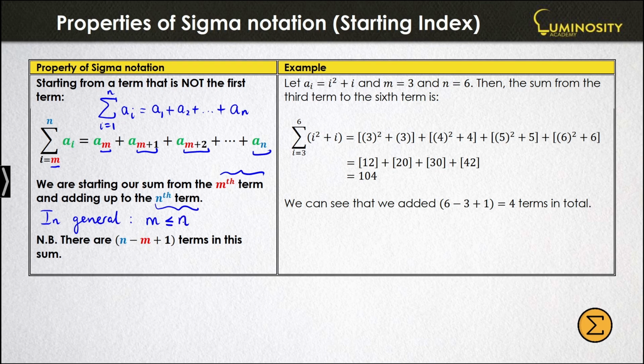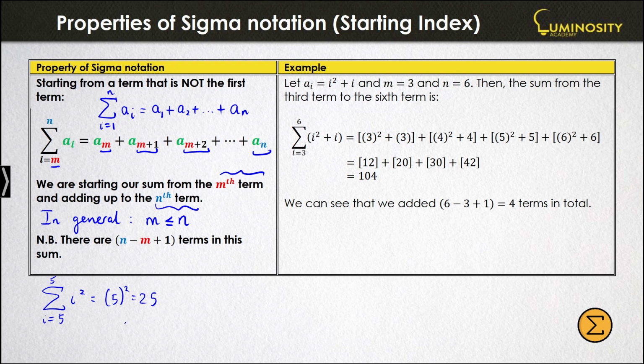What does less than or equal to n mean in this case? Well, if you had the sum from i equals 5 to 5 of, let's say, i squared, you're starting at 5 and ending at 5. It just means you're only adding up one term, 5 squared, which is 25. That's what starting and ending at the same term means: m is equal to n.